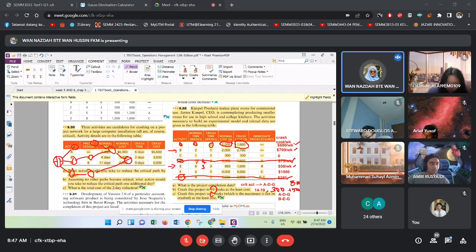Can I see your new network diagram if you crash from 10 to 7 weeks?